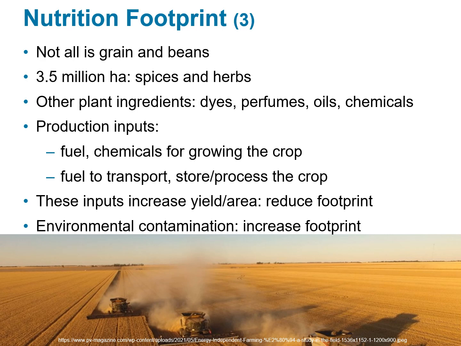Also, it must be considered that inputs for production can be high and increase the footprint, such as fuel, chemicals for growing the crop, or fuel for transport, or to store and process the crop. These inputs do increase yields from an area, thereby reducing the footprint. However, environmental contamination from fertilizer and pesticides increases the footprint.